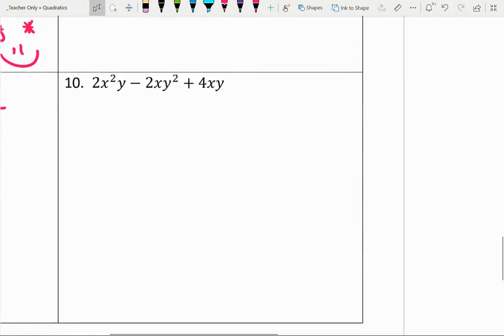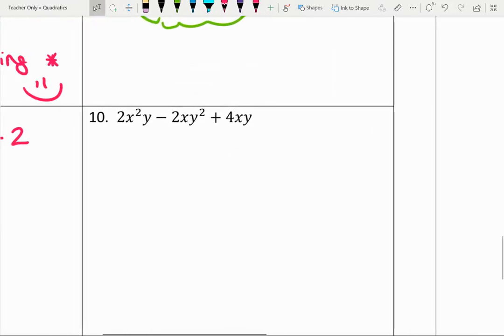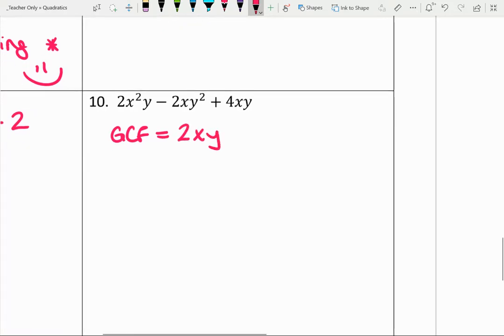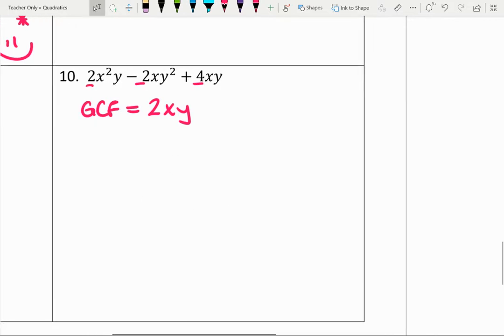All right, last one, best one. This one's 3 terms. We got multiple variables. It's going to be a good one. So our greatest common factor is going to be 2xy. So again, starting with the coefficients, 2, -2, and 4 gives us the greatest common factor of 2. And then if I need to expand my variables here, that's fine.